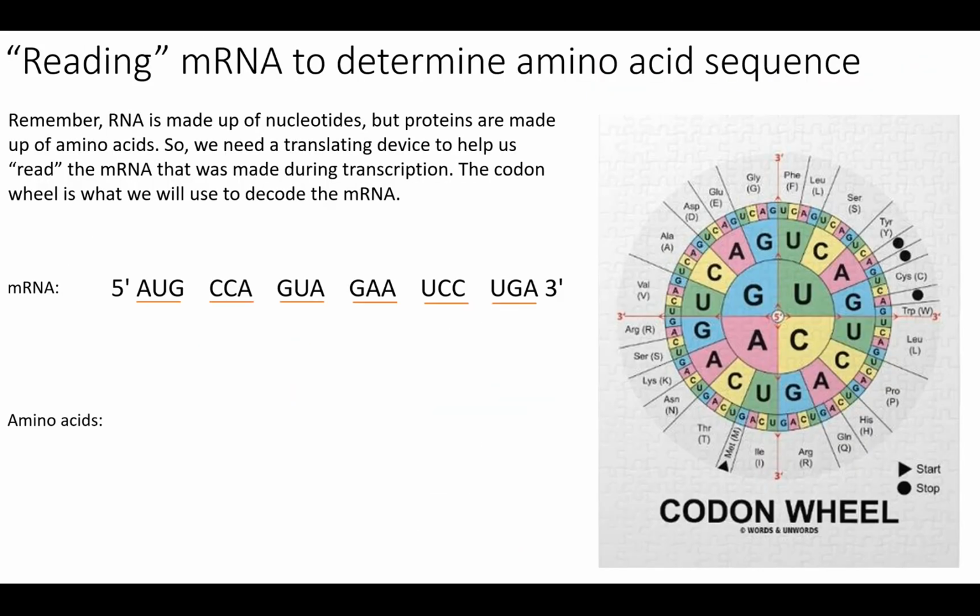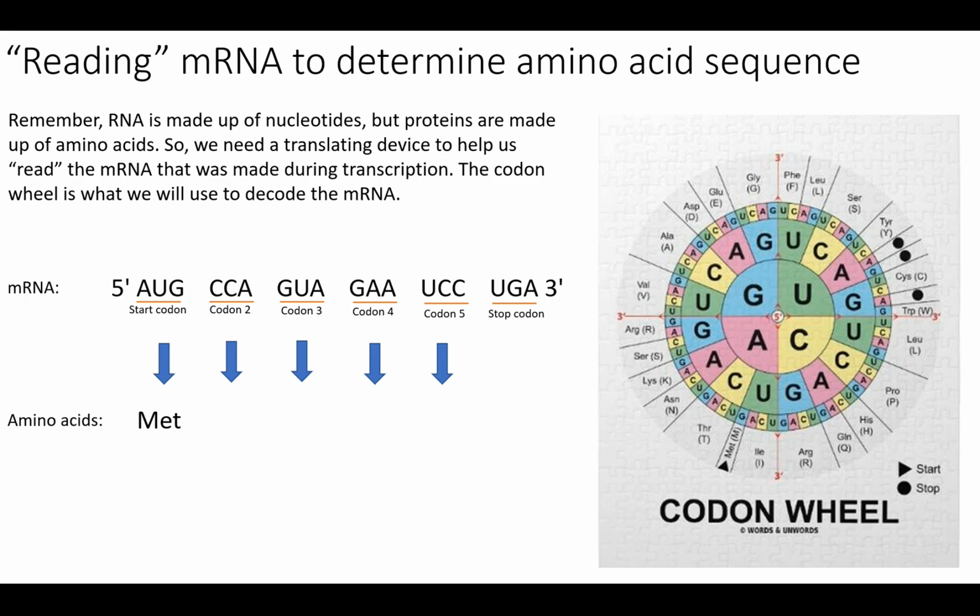So, again, just a reminder, we read the mRNA in sets of 3 codons. I refer to the messenger RNA as a coded message. The first codon is called the start codon, the last one is called the stop codon. And remember, each codon is going to tell the cell specifically which amino acid is needed at any given time.